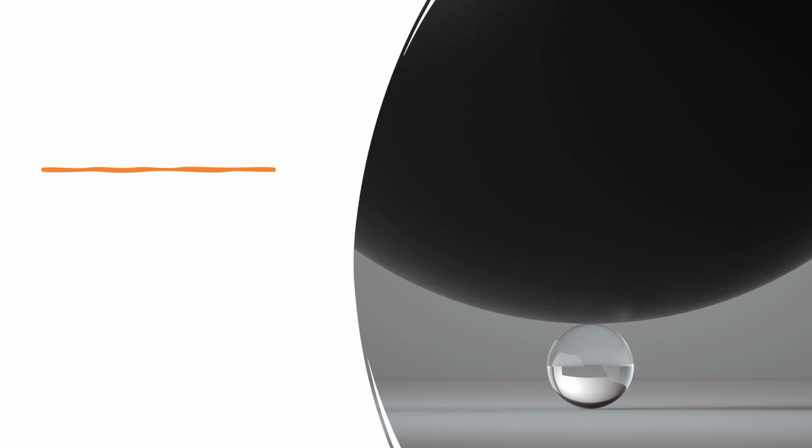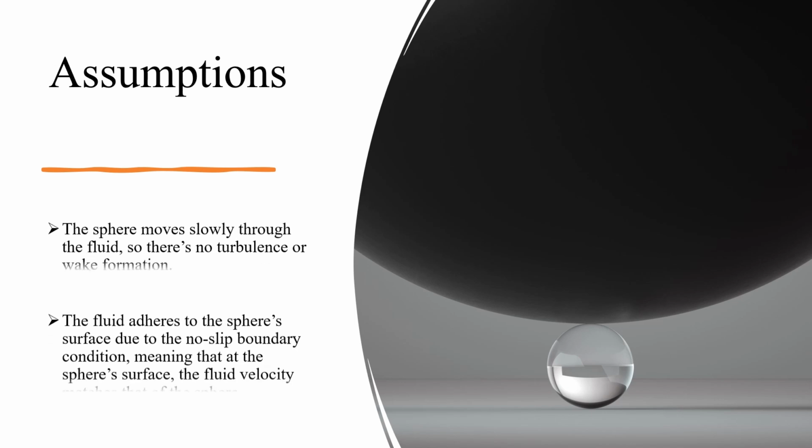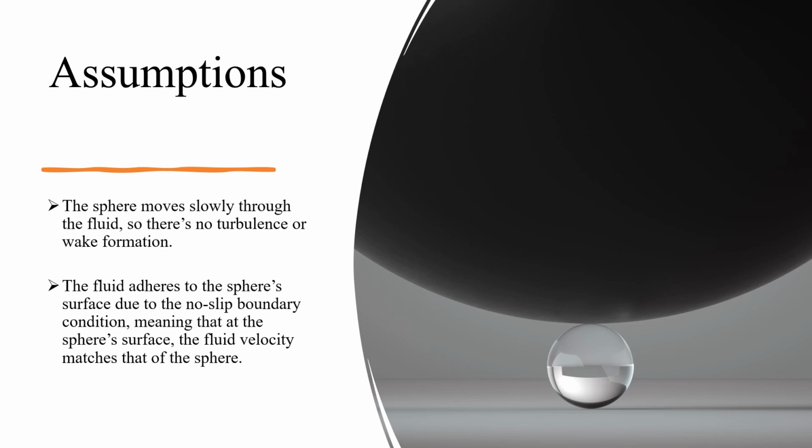Stokes made two key assumptions that allowed him to derive a simple solution for the flow around a sphere. First, he assumed that the sphere moves slowly through the fluid. This means there is no turbulence or large-scale fluid motion behind the sphere, just a steady laminar flow.